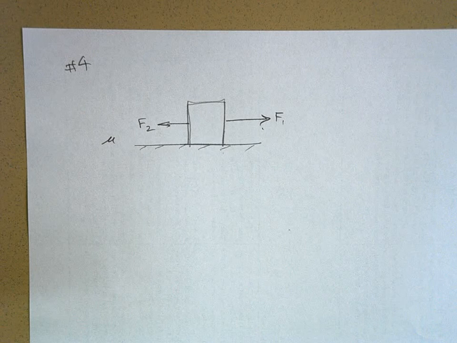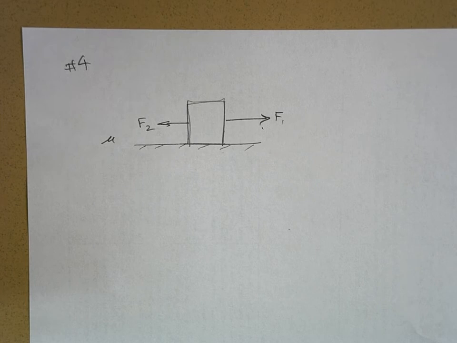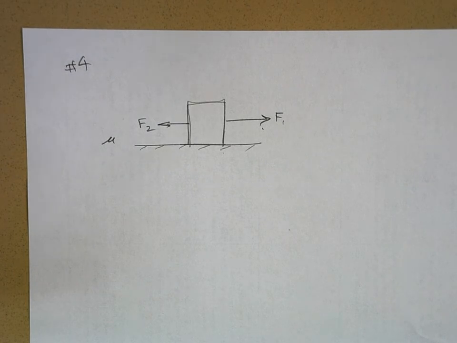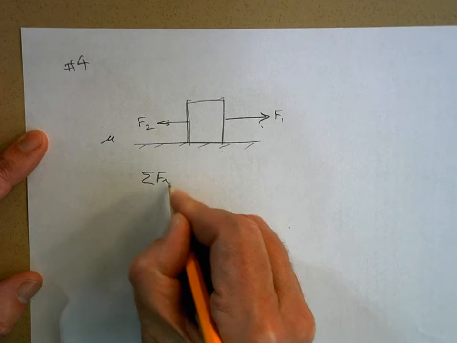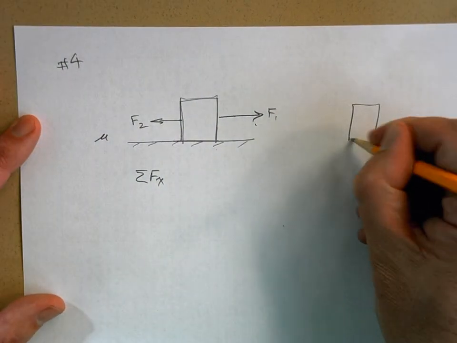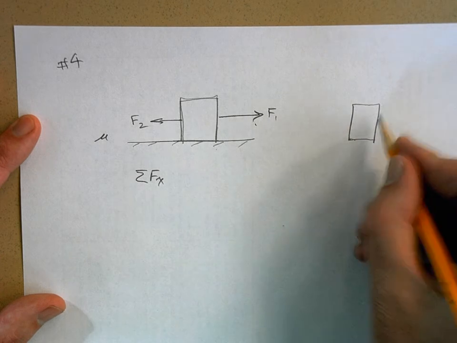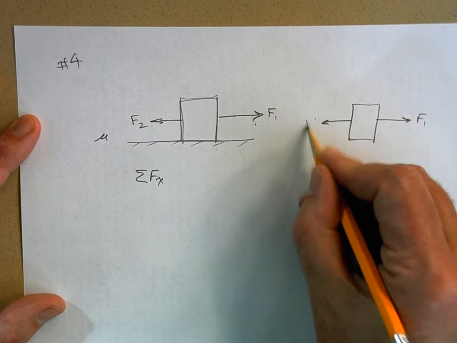Well, is that a big deal? If you know how to use the procedure, it's not. All it does is that now you have 2 applied forces instead of 1 to add when you sum the forces in the x direction. So let's draw the free body diagram to be complete. You're going to have this object, F1, and F2. Let's say it's moving to the right.